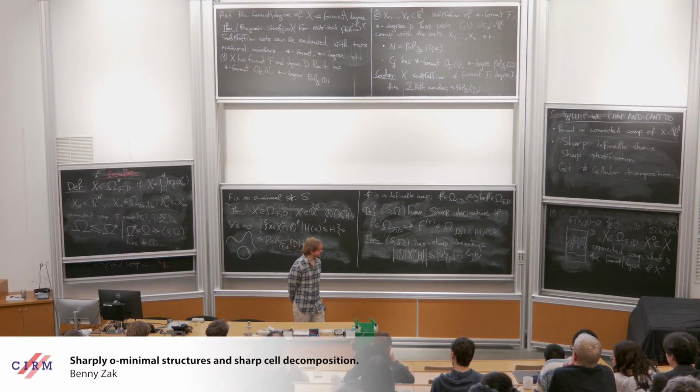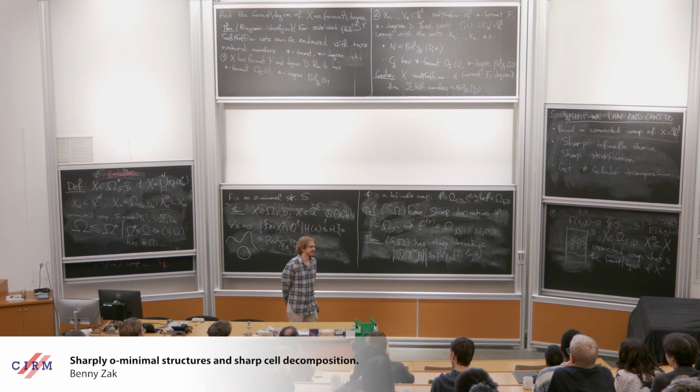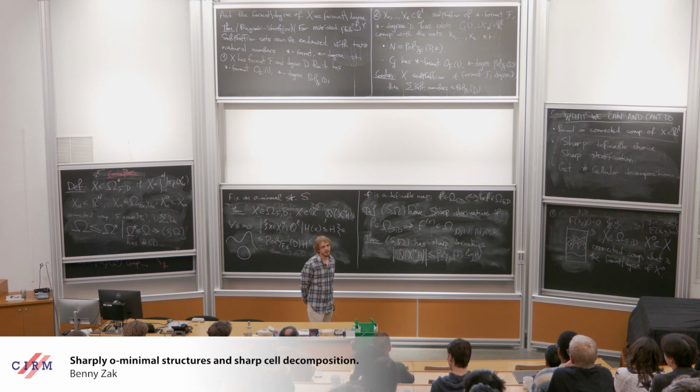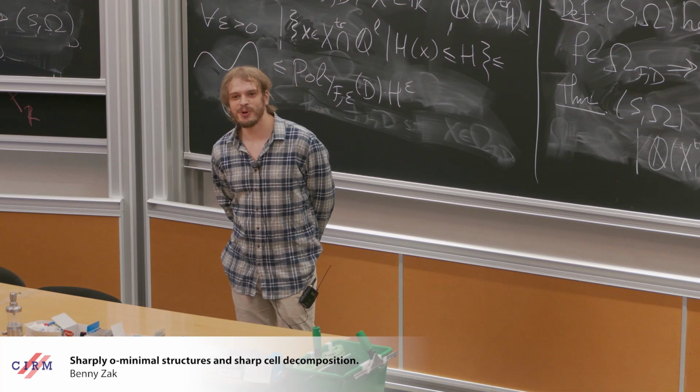Bignamini has this new notion of log Noetherian functions, and we conjecture that it's a sharply minimal structure. And then, you can add any solution to a differential equation that you want and remain sharply minimal. But right now, we don't have such theorems. But I will say that since there are only two examples, we need more examples.